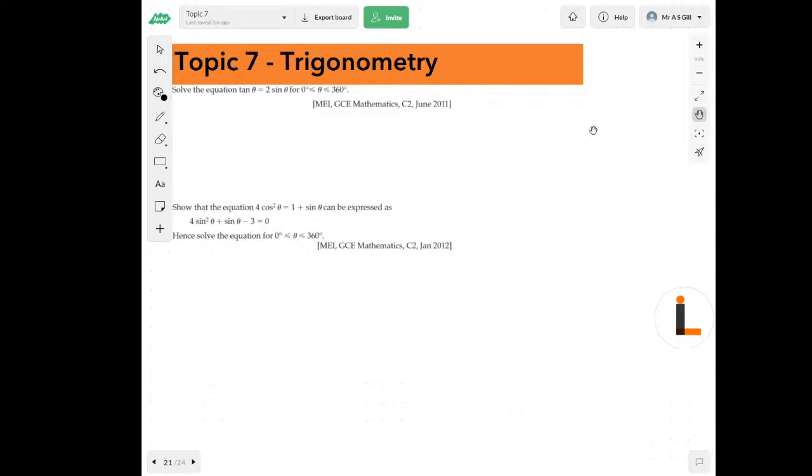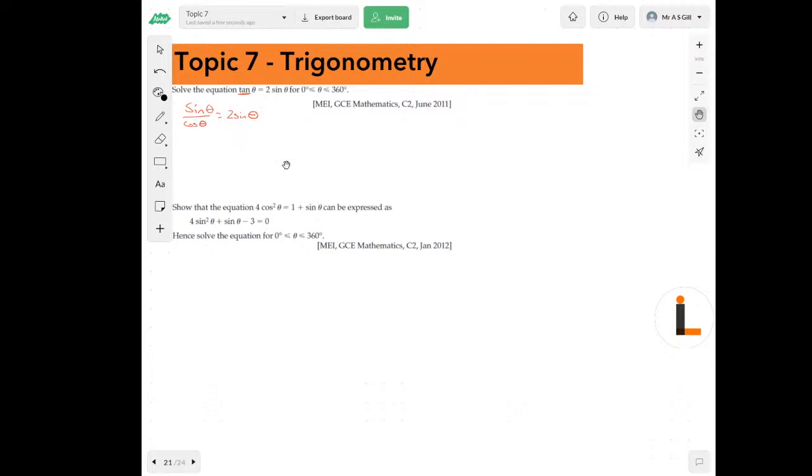So what we want to do is use our knowledge of identities to change tan and rewrite this as sine theta over cos theta is equal to 2 sine theta. And now we've still got two different functions because we've got cos theta in here as well. But all of the terms in the equation have sine theta involved.